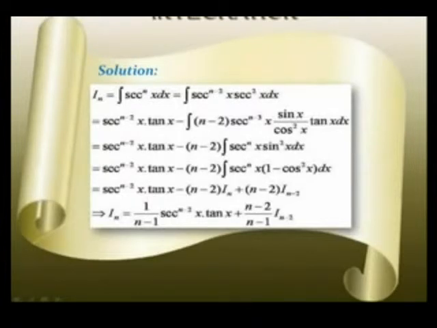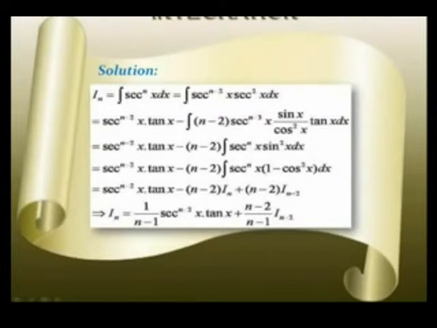Now this further reduces to sec x to the power of n minus 2 into tan x minus n minus 2 into integral of sec x to the power of n into sin square x dx. This is because we write tan x as equal to sin x by cos x, and 1 by cos cube x is nothing but sec cube x. So this becomes sec x to the power of n into sin square x into dx.